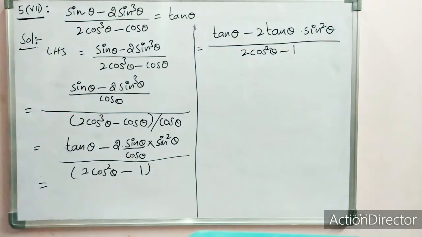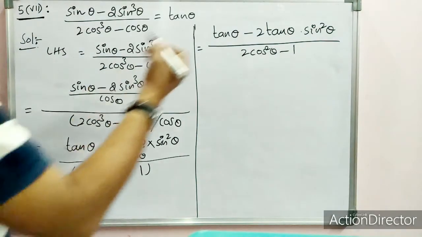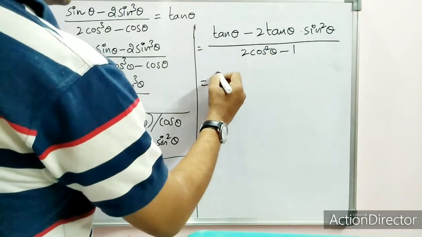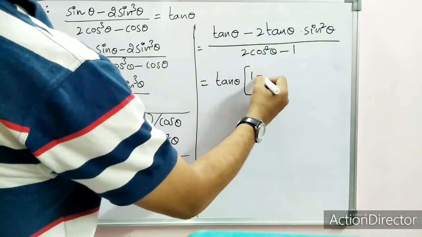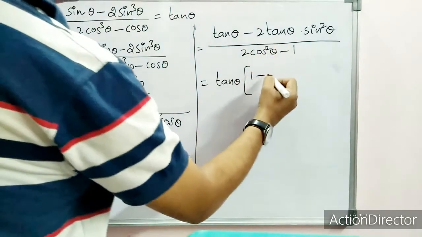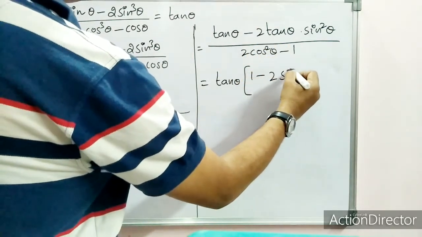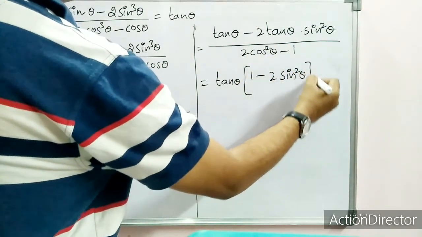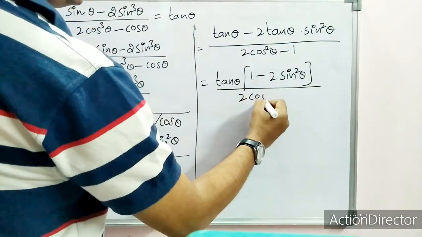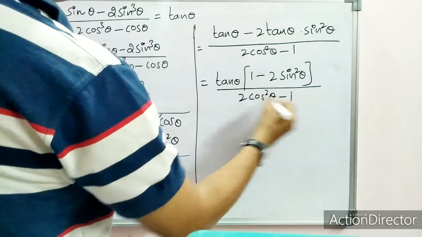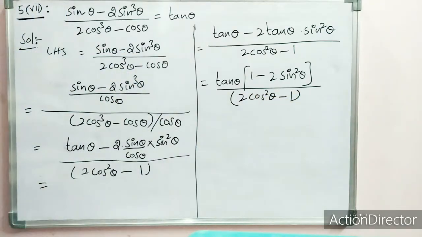Now you observe carefully. Here take tan theta as common. If I take tan theta common, this is 1 minus 2 sine square theta by 2 cos square theta minus 1. Now what to do?